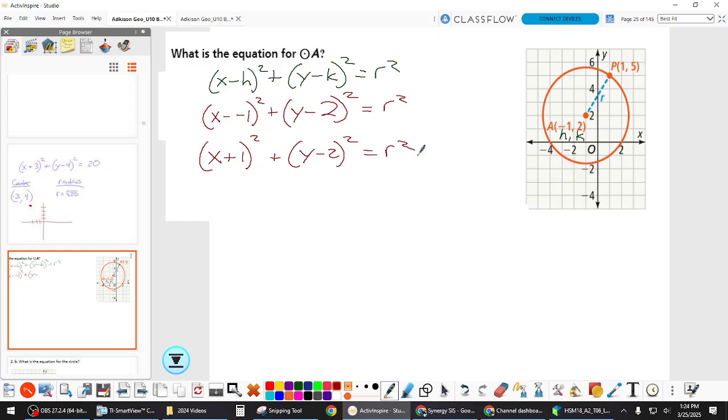Alright, now we need to find r. How do we do that? I'm going to tell you, you don't have this printed on your paper, but you can see it. So we can just do these 2 lengths, right? You can fill in the formula, that's totally fine. But you could also just do this.